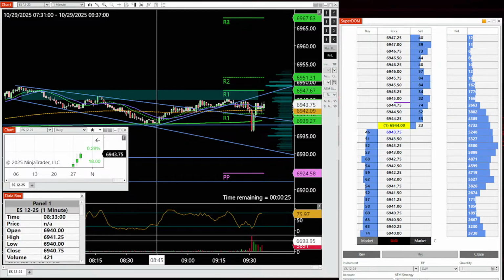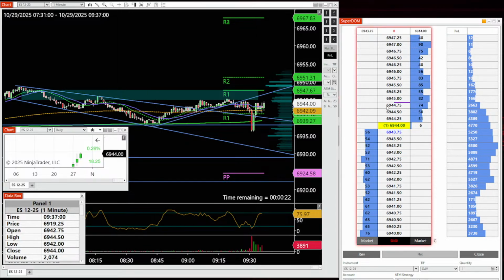$44.75 is the previous day's high right here. Trying to get past there. Something else here too, VWAP. Okay, we got VWAP, and no, that's not VWAP.